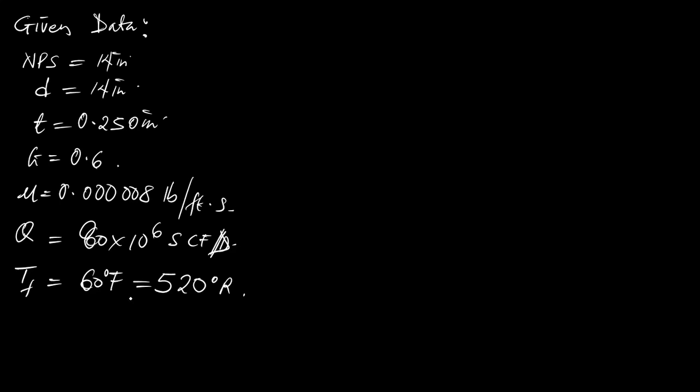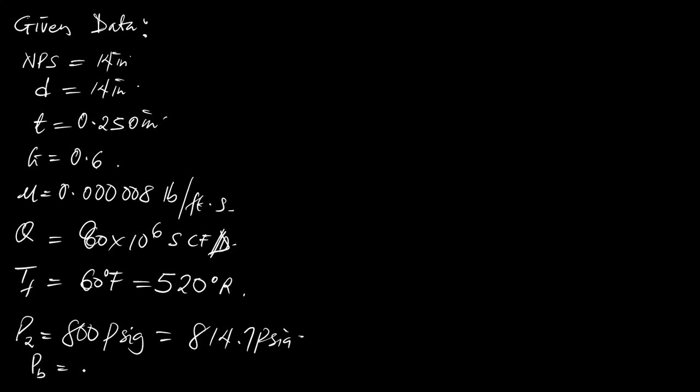And again, the downstream pressure is 800 psig, which is 814.7 psia, while the base pressure is 14.7 psia.